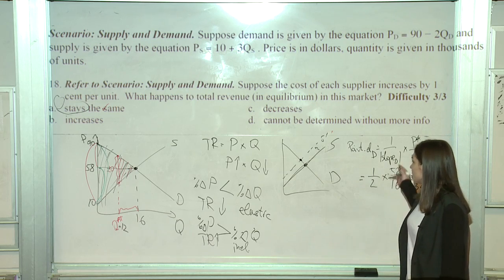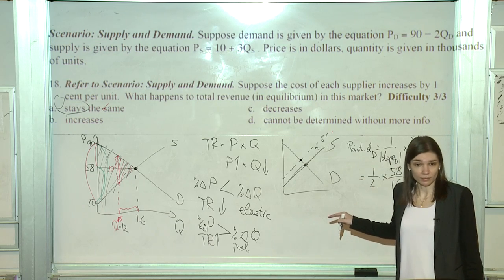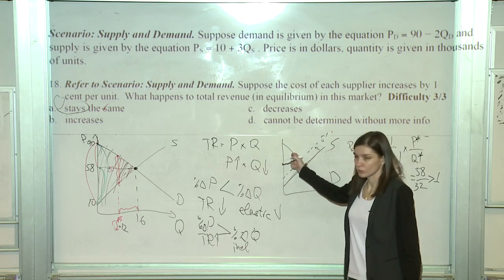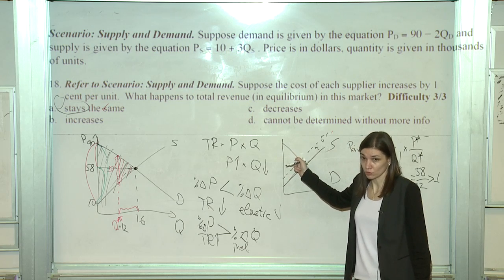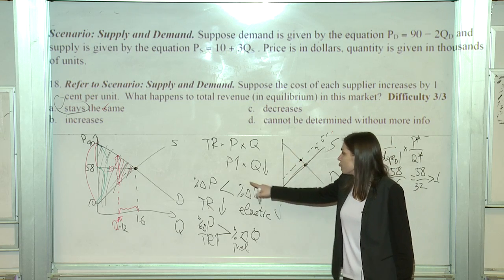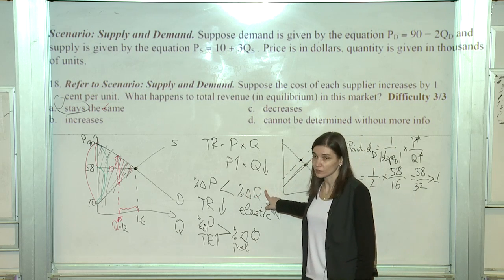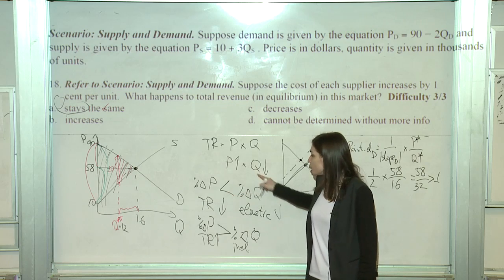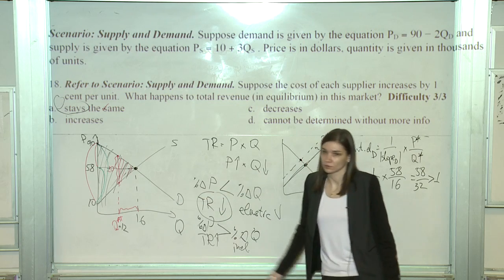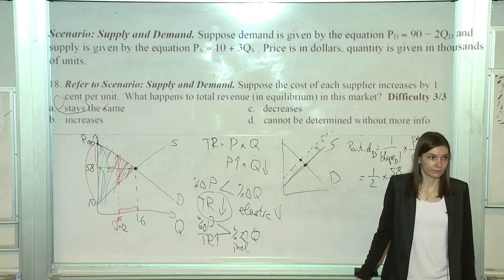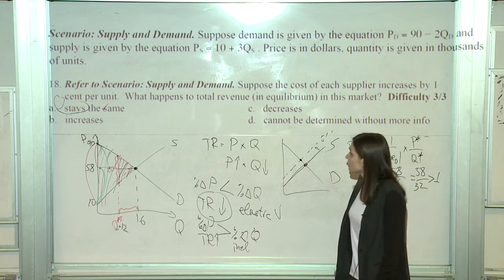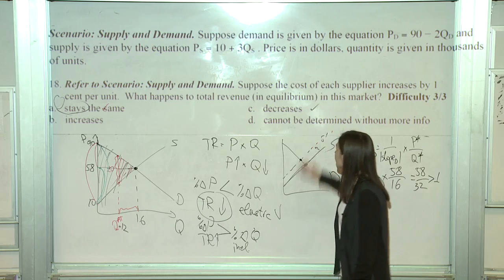That means that the demand curve at that point is elastic. Therefore, if we increase the price, which the supply shift is going to do, the decrease in quantity is going to be higher than the increase in price. Therefore, total revenue is going to go down. All right? That's C.